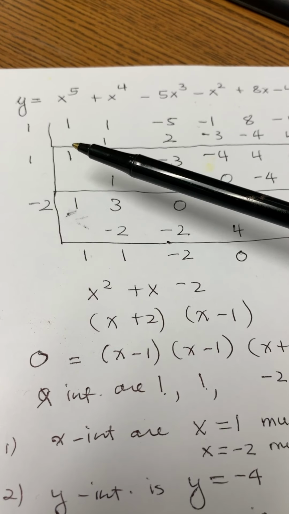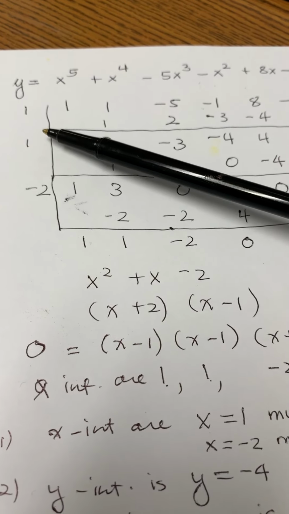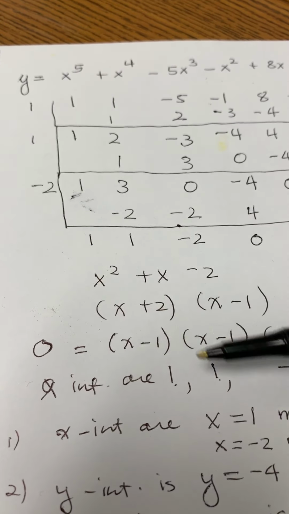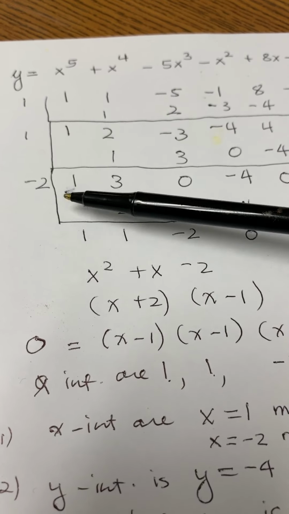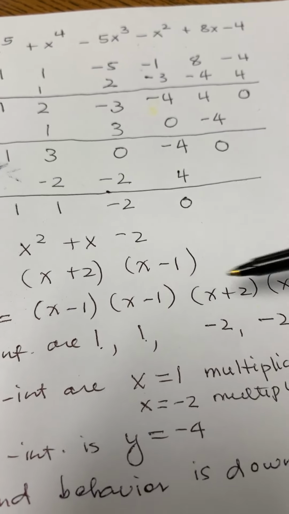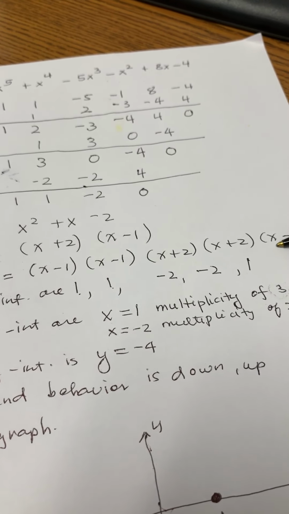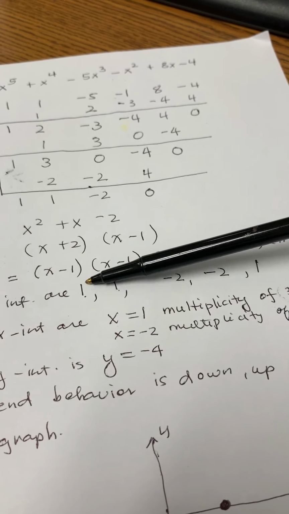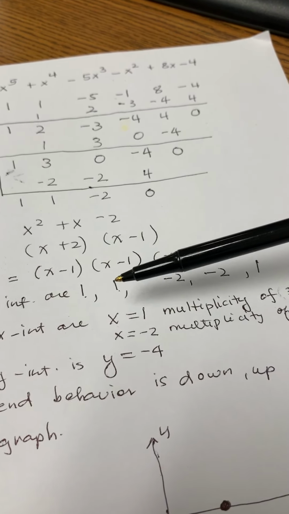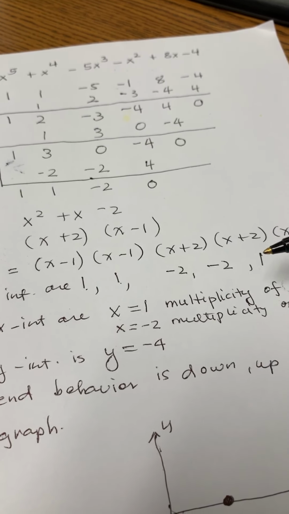So let's write our function in factored form. This will be x minus 1, x minus 1 again, x plus 2. Then we write these two factors, x plus 2 and x minus 1. So we have 5 zeros, but actually there are only two distinct ones because these are repeated zeros.